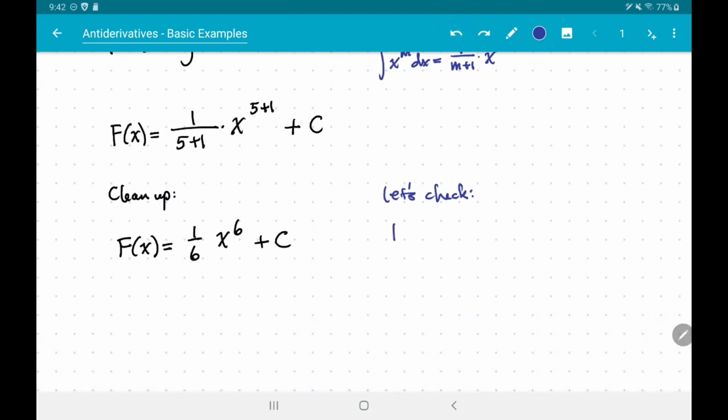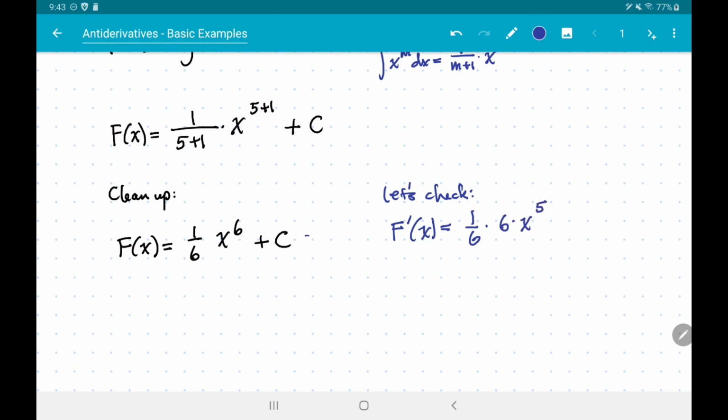Well, F prime of x is, the plus c won't contribute anything, but we have 1/6 times some stuff, so we keep the 1/6, and then we have the power rule applied to x to the 6th. This will be the derivative power rule, so 6 times x to the 5th.